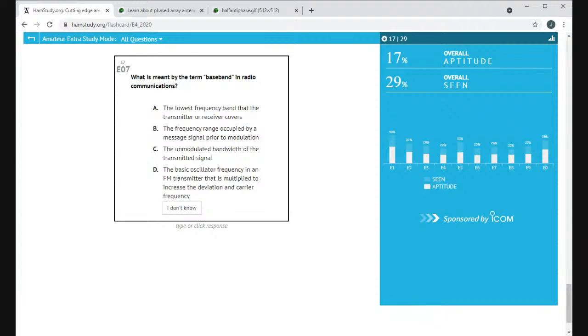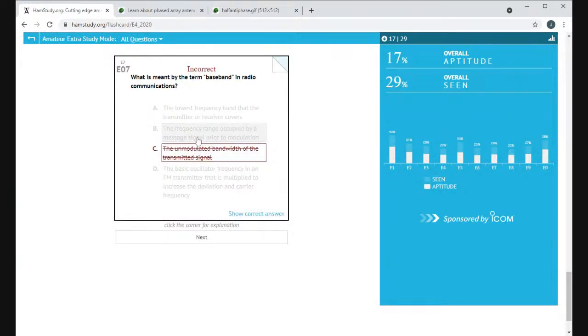D, the basic oscillator frequency in an FM transmitter that is multiplied to increase the deviation and carrier frequency. I'm going to go with C, the unmodulated bandwidth of a transmitted signal. And nope, it is B, the frequency range occupied by the message signal prior to modulation.